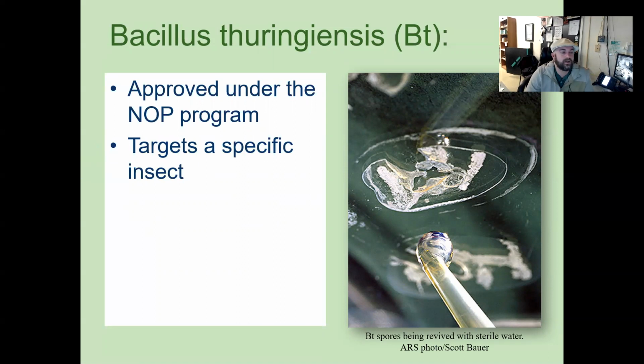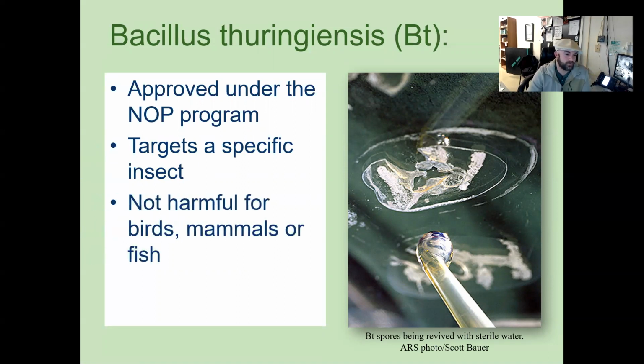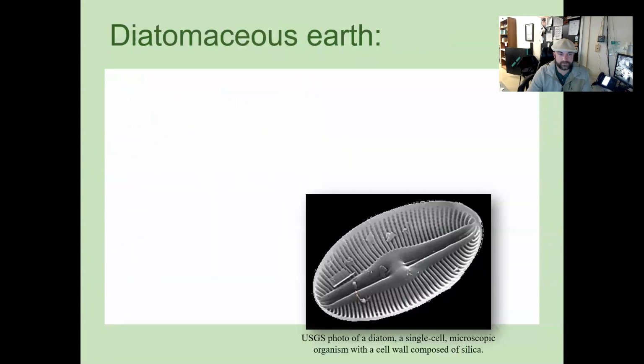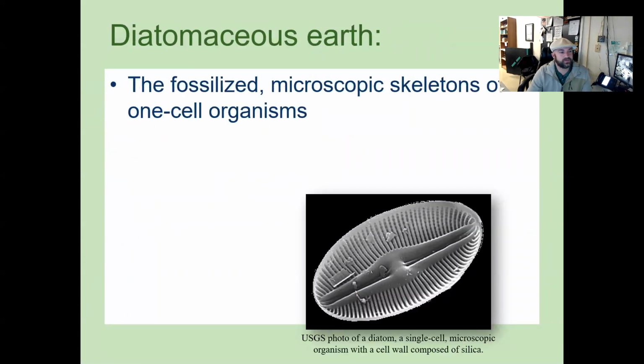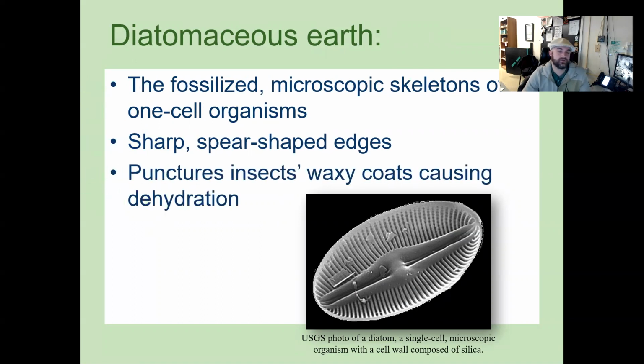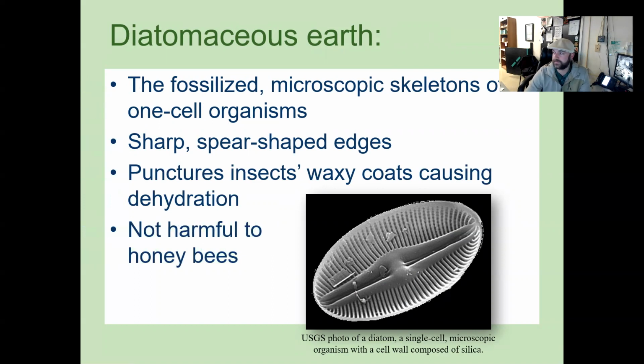It can target a specific insect, not harmful for birds, mammals, or fish, with possible harm to honeybees. Diatomaceous earth, the fossilized microscopic skeletons of one-cell organisms, has sharp spear-shaped edges that puncture insects' waxy coats causing dehydration, is not harmful to honeybees, and is a mechanical method.